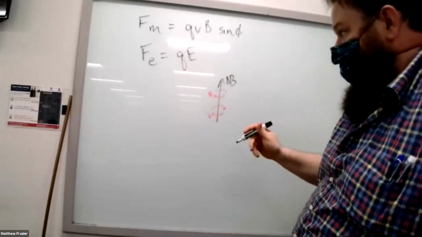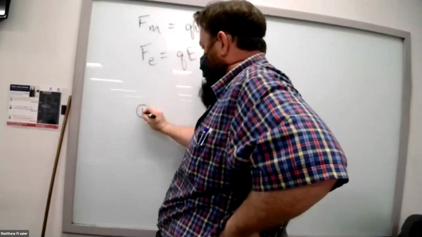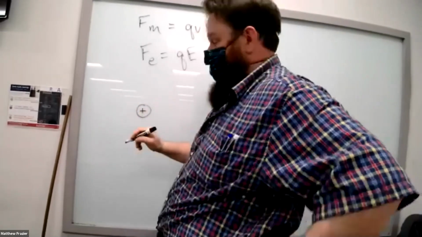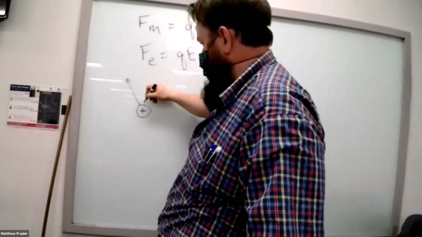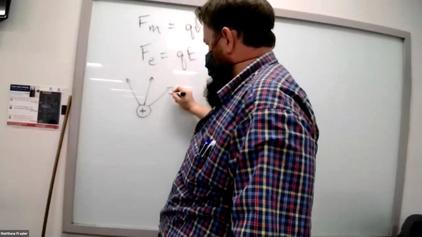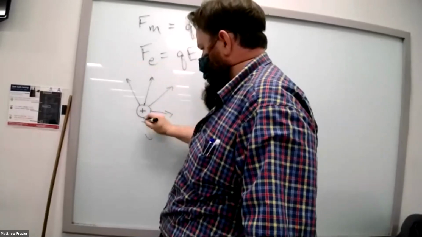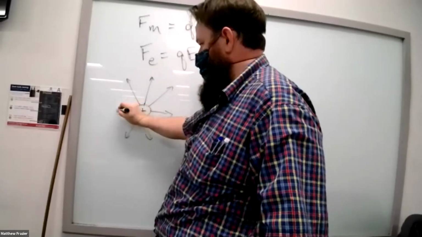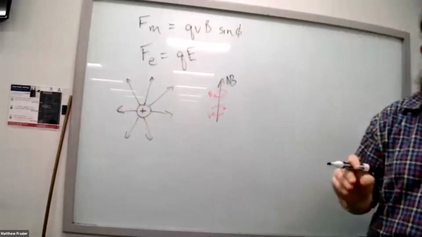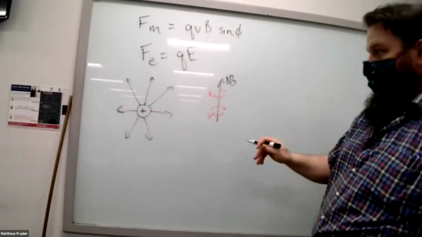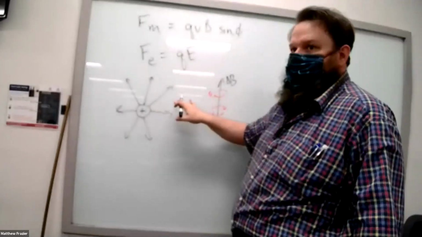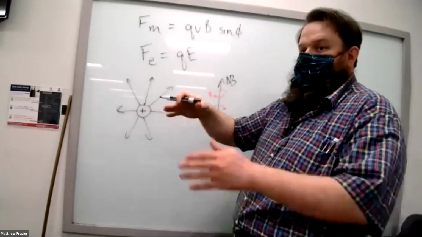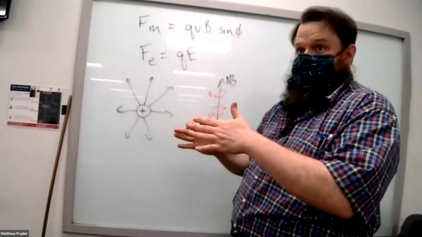The idea is, if I have a stationary charge, there's the electric field. There are two ways of describing this, like X and Y coordinates in a sense.